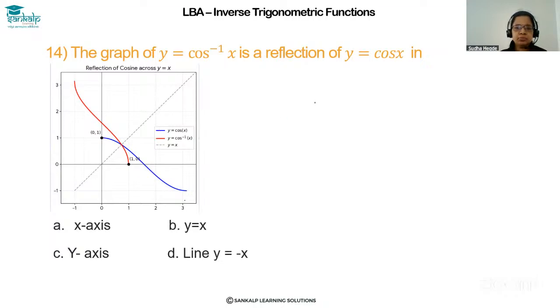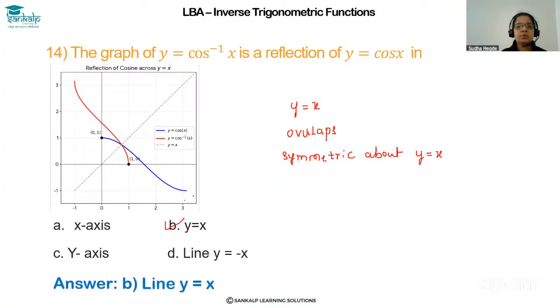Are you getting? If you fold on the line y is equal to x, it overlaps. Therefore, it is symmetric about y is equal to x. Check the options. Option B, y is equal to x, is the correct answer. Got it right? Thank you.